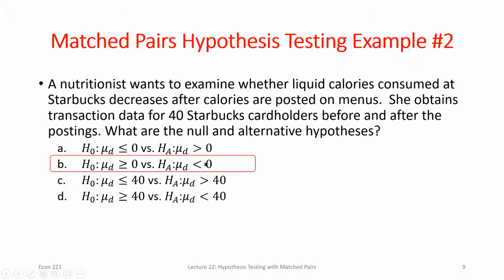We then assume the opposite is true, which is that it's greater than or equal to 0. I think identifying these for matched pairs is a little easier than with the two population stuff. Once we have this alternative hypothesis, we know we have a left-tailed test, with the less than sign in the alternative hypothesis. And the assumed true difference value we should be using is 0.